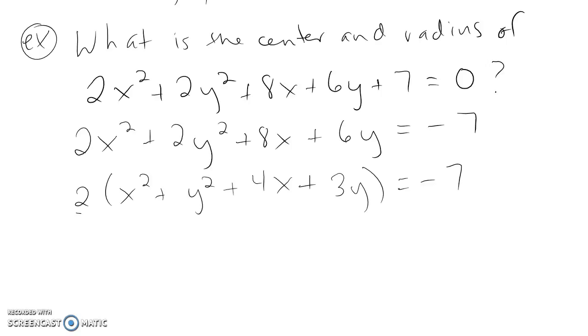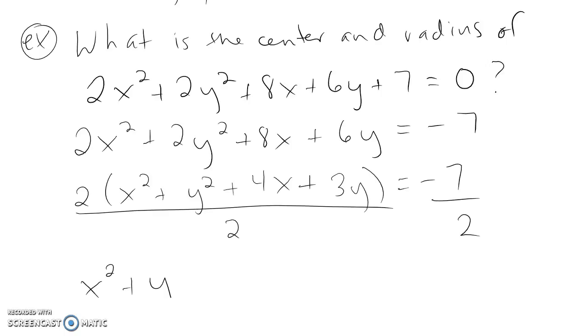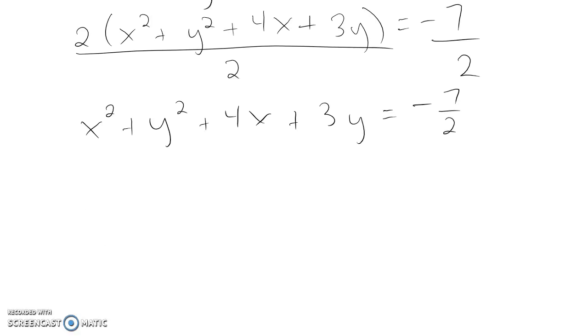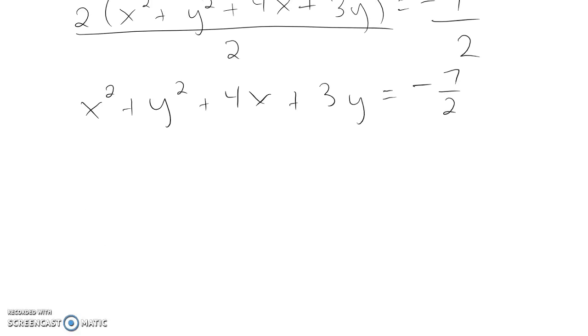And to get rid of that factor, I can divide both sides. So I end up with x squared plus y squared plus 4x plus 3y equals -7 halves. All of that is preparatory work in order to start completing the square.